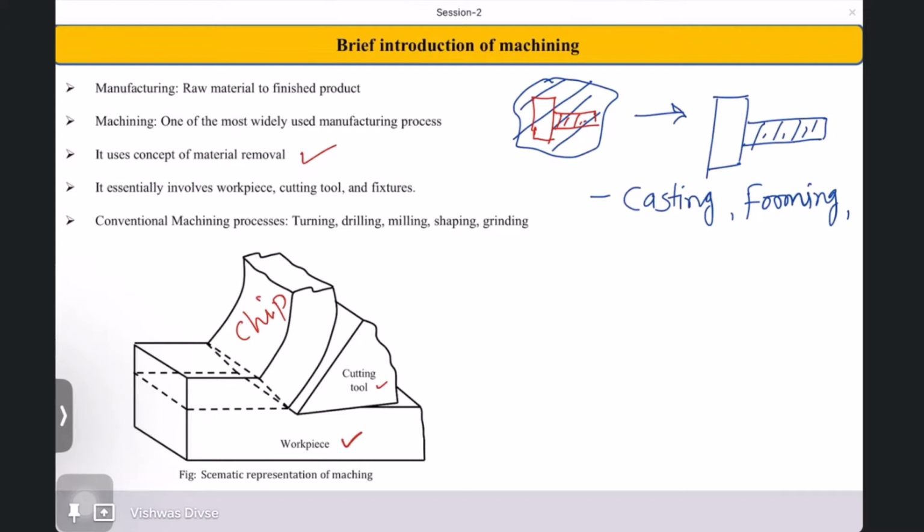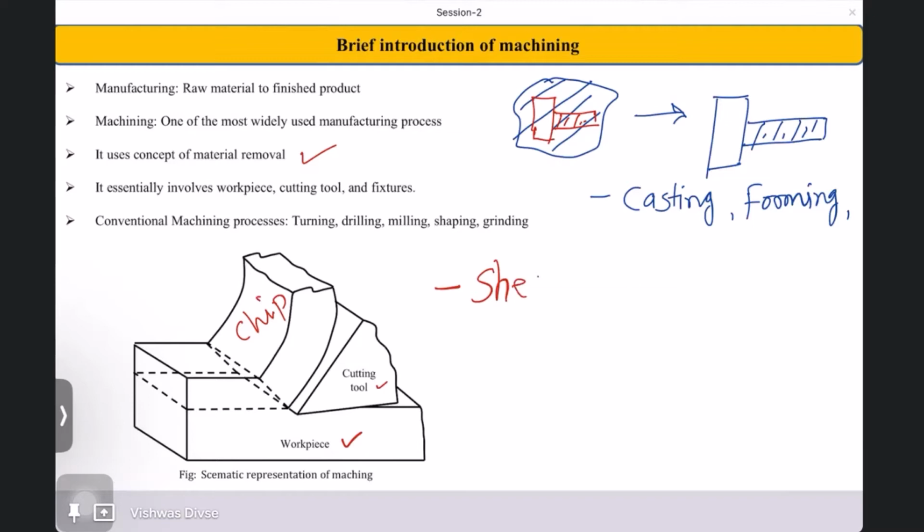So conventionally there are many machining processes: turning, drilling, milling, shaping, grinding for specific application. But at the bottom line, the concept of material removal is the same. That is a shearing process.